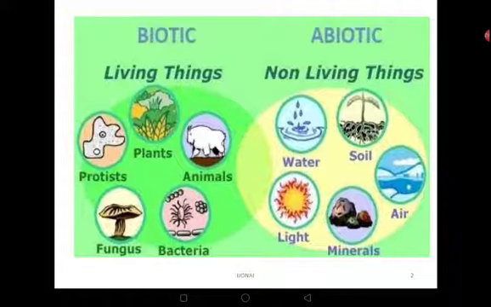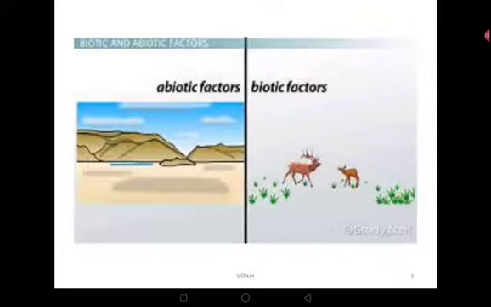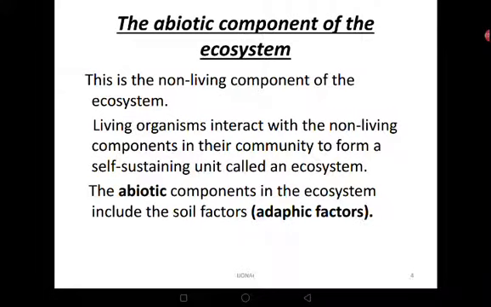For example, water, soil, air, minerals, light, and so on. These ones also play a role in supporting the survival of the living things. So shortly we shall be looking at much more details about this biotic and abiotic components. So you can see there the abiotic components and then also the biotic components.